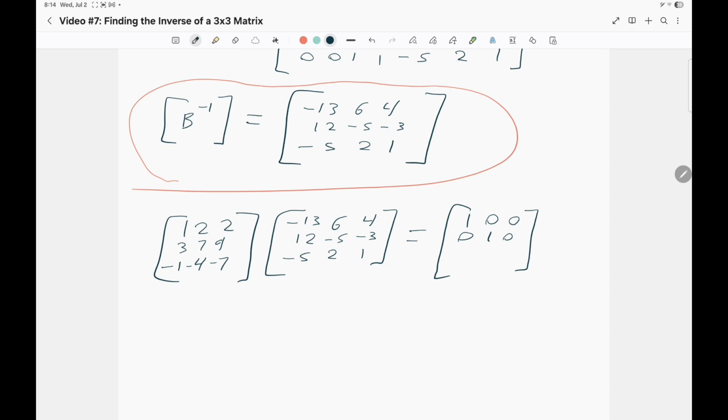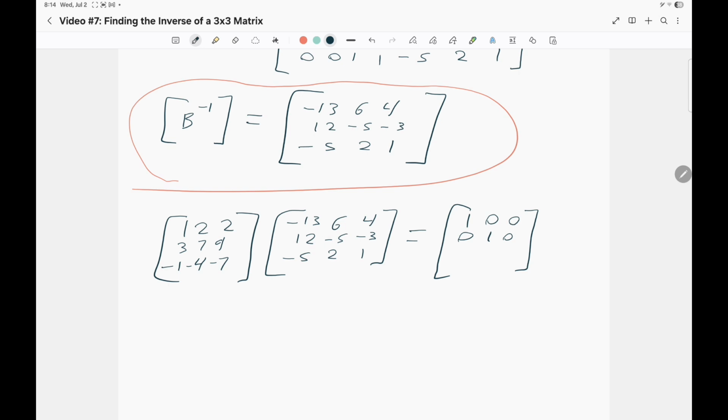Final row. This is it. All right. 13 minus 48, -35. I'm sorry, oops, -35.